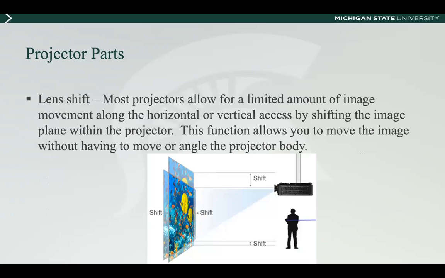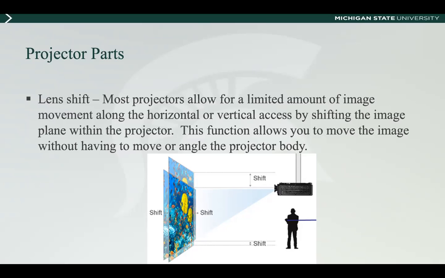And then every projector has a lens shift. Most projectors allow for a limited amount of image movement along the horizontal and vertical axis by shifting the image plane within the projector. This function allows you to move the image without having to move or angle the projector body. If anyone's seen really bigger projectors, they're quite heavy. Even just projectors in general are pretty heavy.